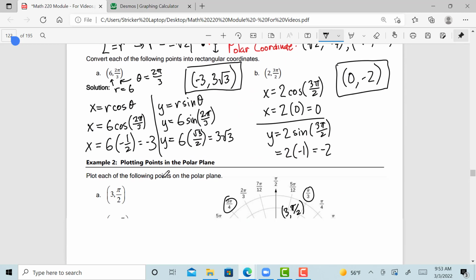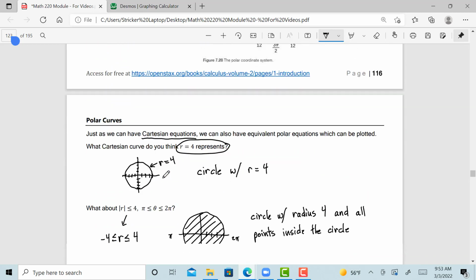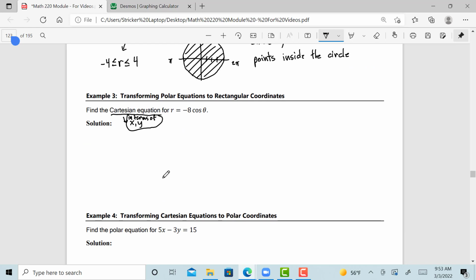Do we have any things that look like r cosine or r sine or r squared? And we don't. We have an r, and we have -8 cosine theta. So if this was an r squared, that would be great. Also, if there was an r in front of the cosine, that would be helpful.